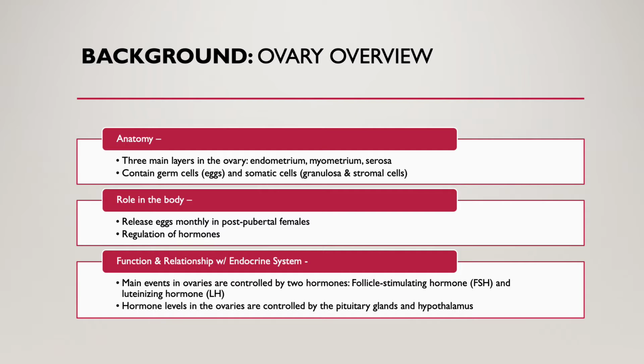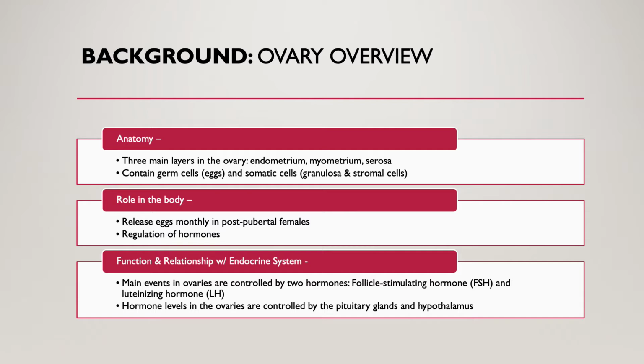The ovaries contain germ cells, also known as eggs, as well as somatic cells, which include granulosa and stromal cells. In the body, the ovaries are responsible for hormonally releasing eggs monthly in postpubertal females, as well as regulating hormones in the body. The function has a relationship with the endocrine system.